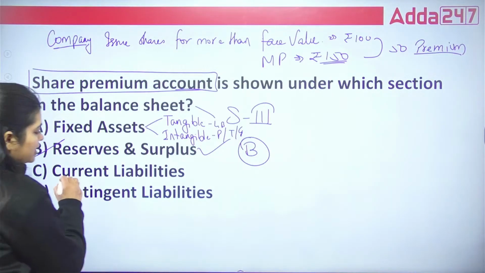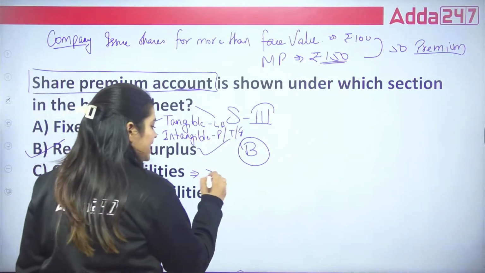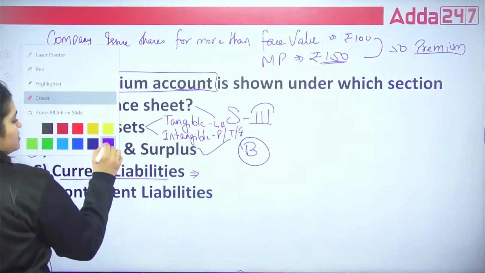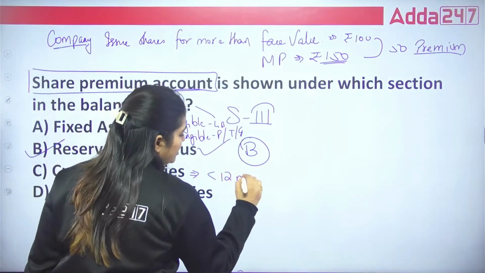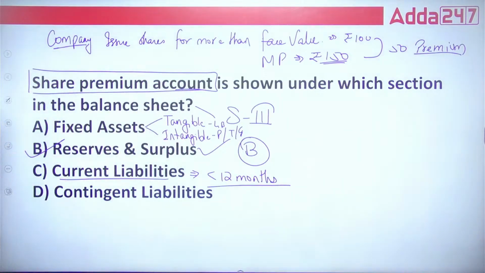After that, under current liabilities, all the obligations whose life is less than 12 months, you are going to show under your current liabilities.